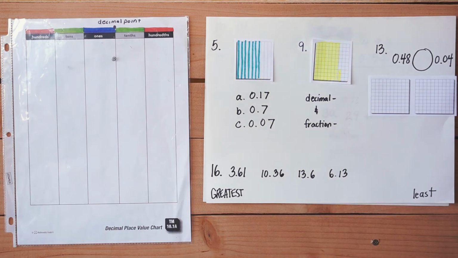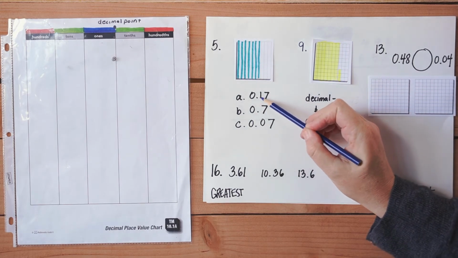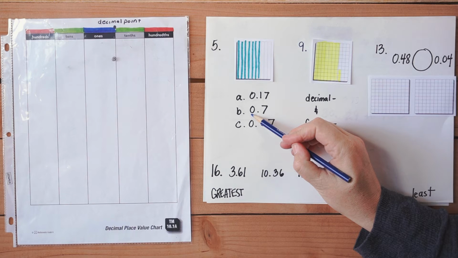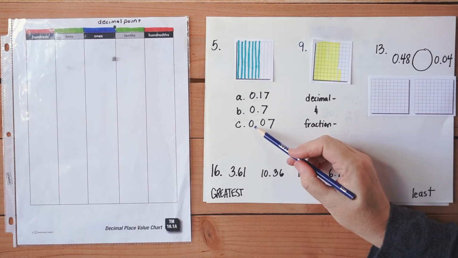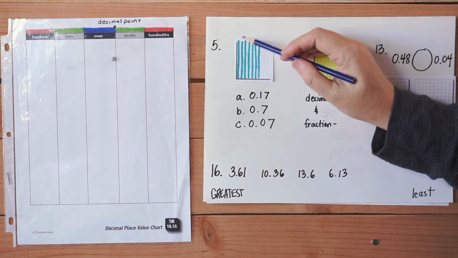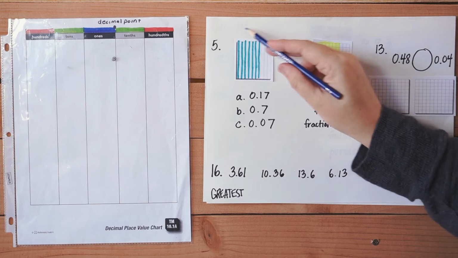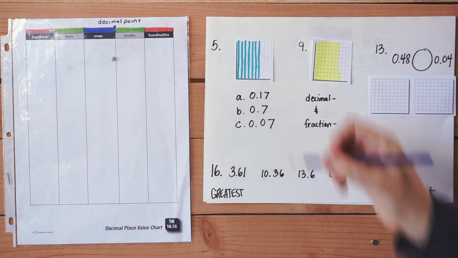For number 5, the directions say, because you always read the directions on a new section, write the letter of the decimal that represents the model. So we're going to be looking, is it 0.17? Is it 0.7? Or is it 0.07? Well, let's look. And I didn't color everything in completely, but this is the tenths model. So we're going to be focusing on the tenths place.